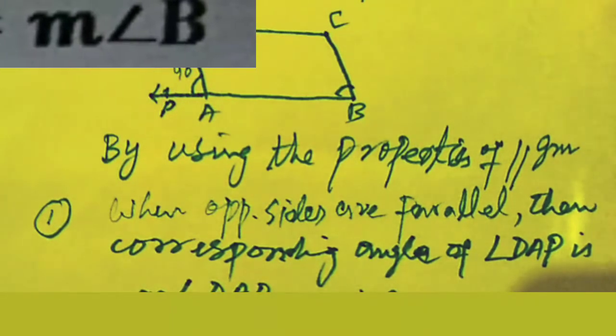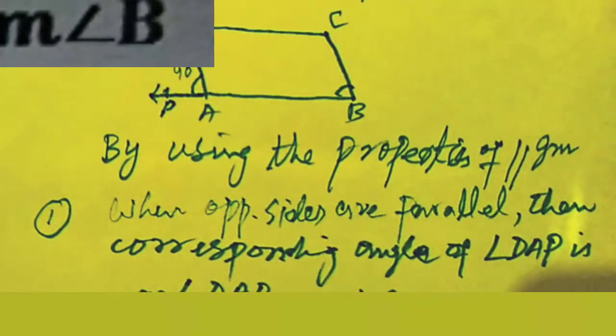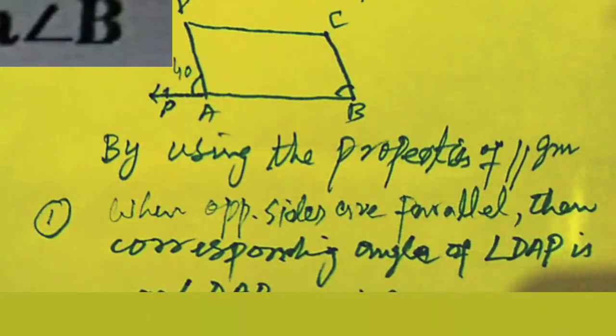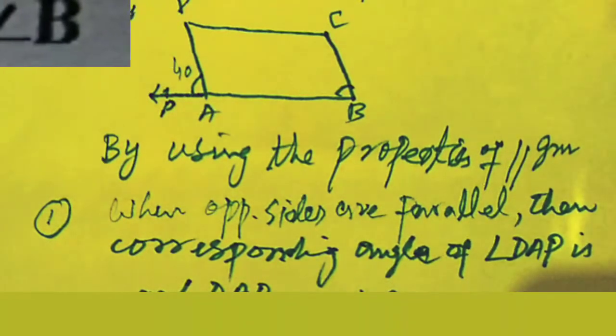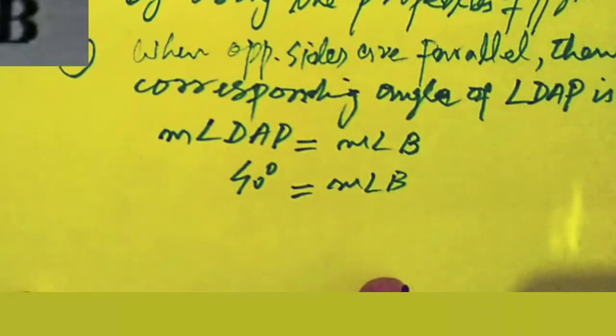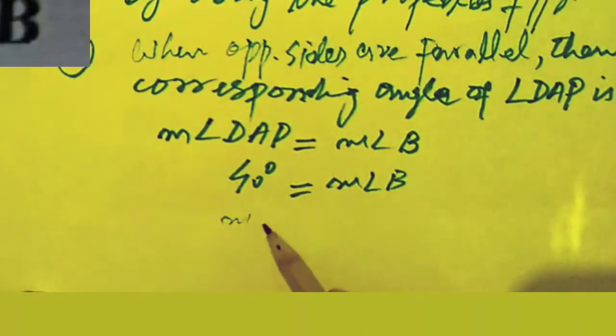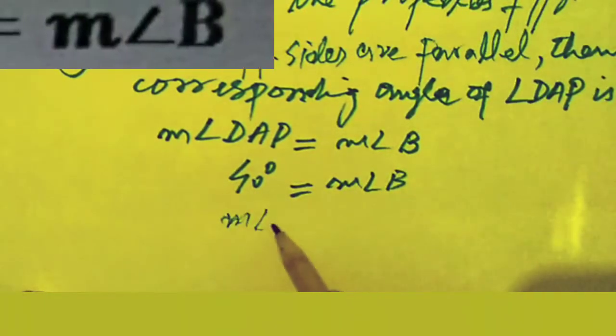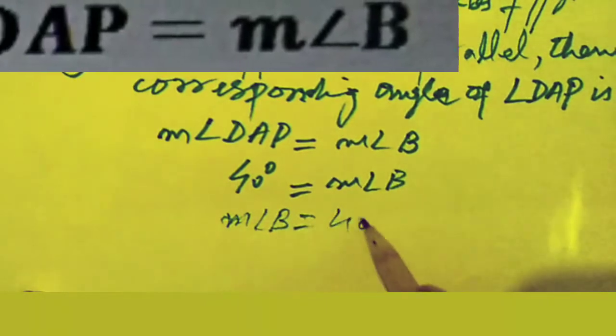So the angle DAP is equal to 40 degree, then angle B will become 40 degree. Measure angle B is equal to 40 degree.